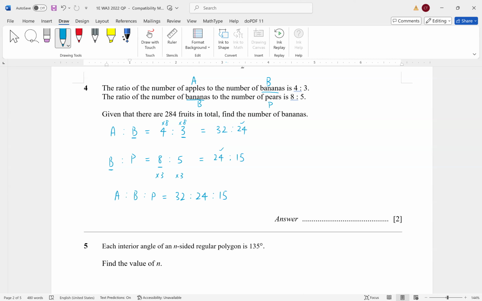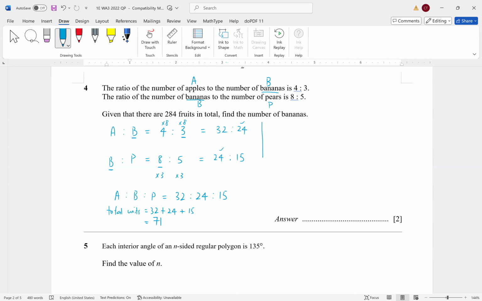So number of bananas is 24 units. So what we want to do is find the total units first. So total units will be 32 plus 24 plus 15, right? So that will give us 71 units. So total is 71 units.